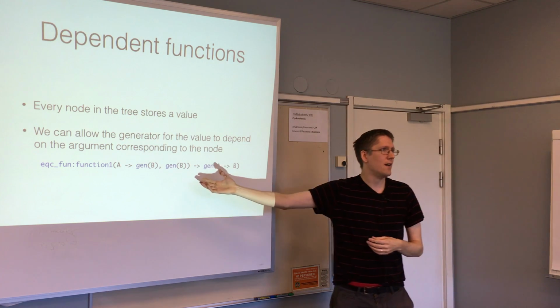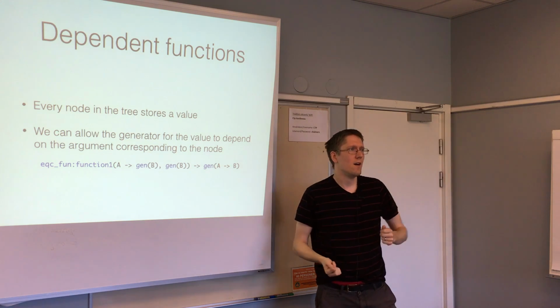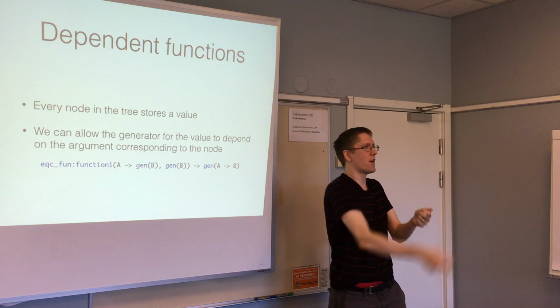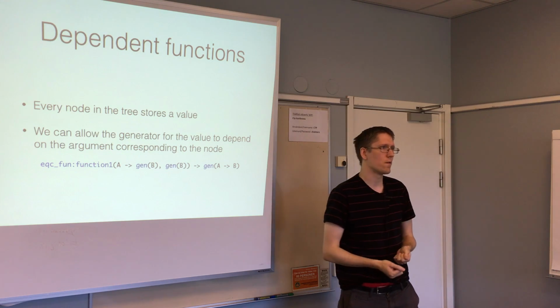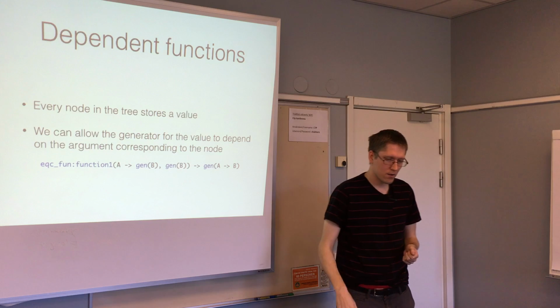So you can imagine in my little nim game, if n is 2, then it shouldn't generate take 3, because that's stupid. And you could do this with this dependent generator.